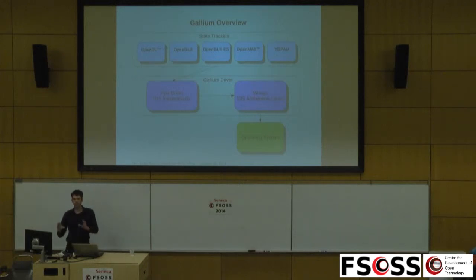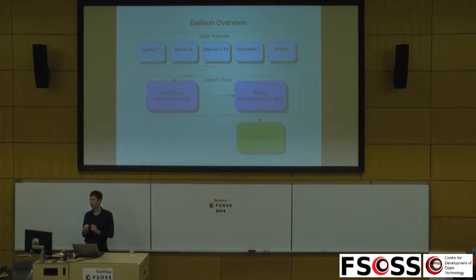So again, this is zooming in on the Mesa picture. This is how it's organized. Like I said, state trackers are the top layer, where the API implementations happen. Below that, you have the Gallium driver, which has a pipe driver, which is operating system independent, and then the WinSys, which is the operating system abstraction layer. One of the really nice things about this design is it makes it easy to reuse code.